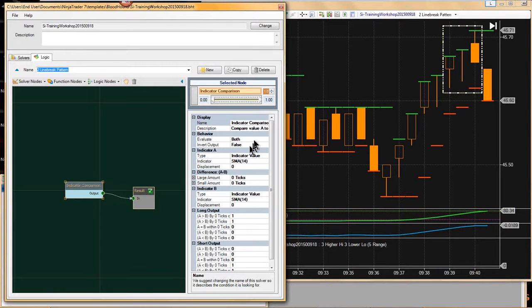Connect that up. All right, name this solver here. So we've got a 3 line break pattern. All right, so all we need to do now is just plug in the data that we're comparing here.